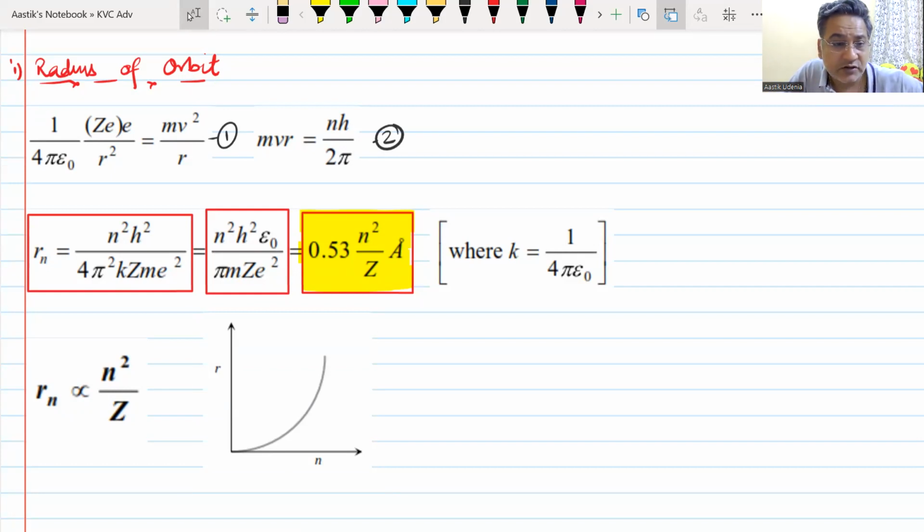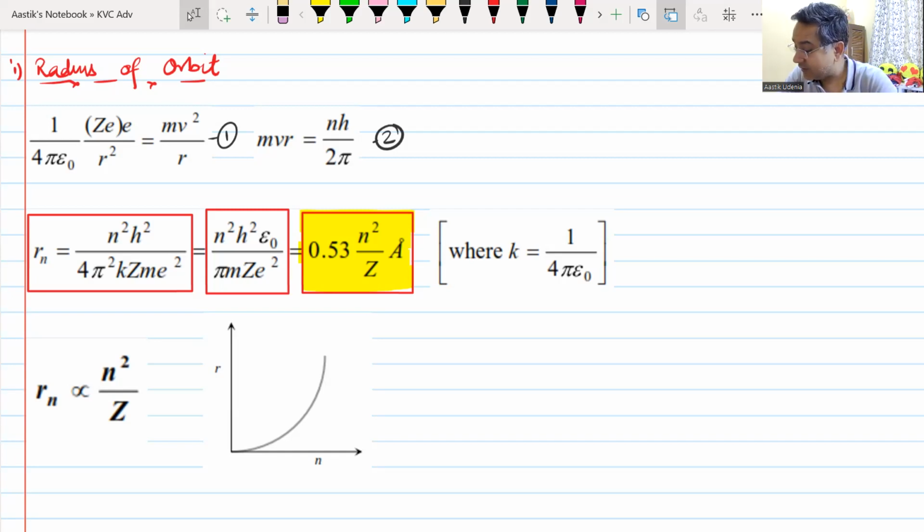Now you must also remember that this 0.529, or 0.53, is a very important number. Why is it a very important number? Because it is the radius of the first Bohr orbit of the hydrogen atom. Do we understand this? Yes.